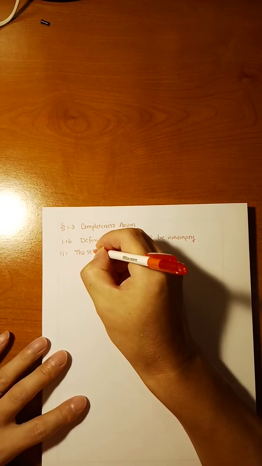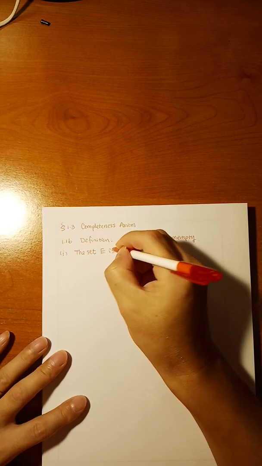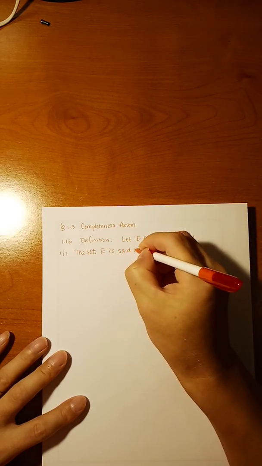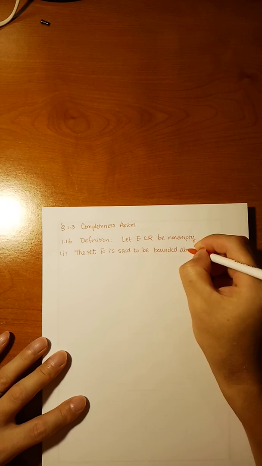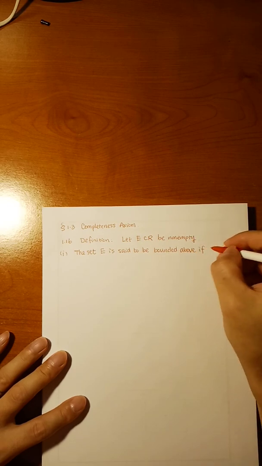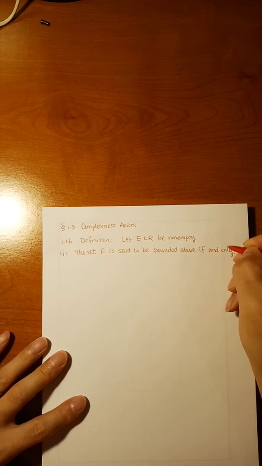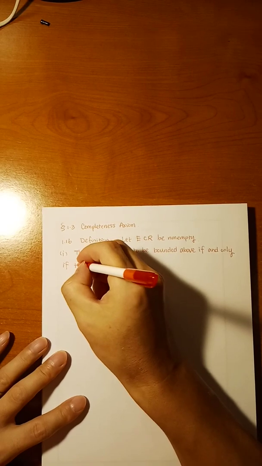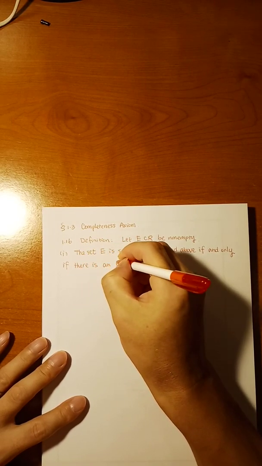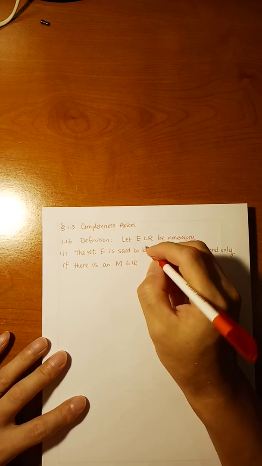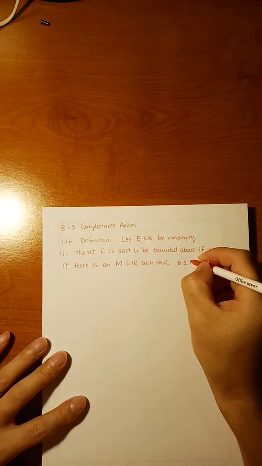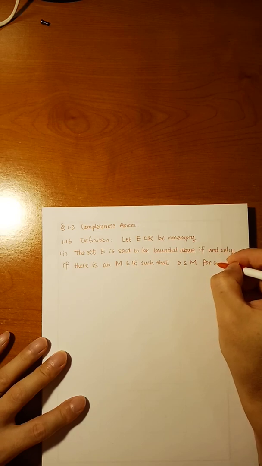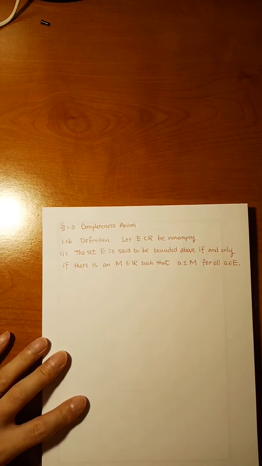The set E is said to be bounded above if and only if there is a capital M in R such that A is less than or equal to capital M for all A in E. So if there's a roof, we say it is bounded above.